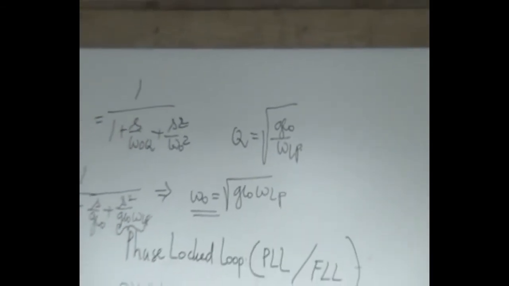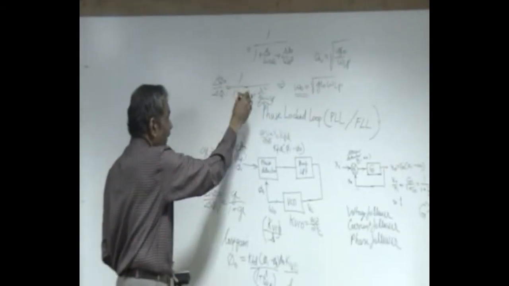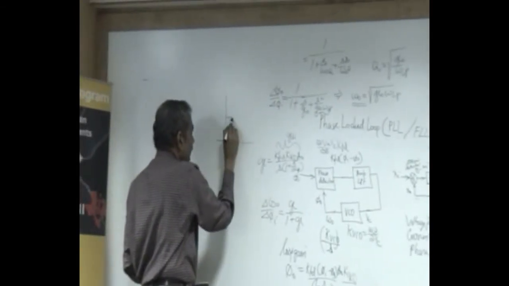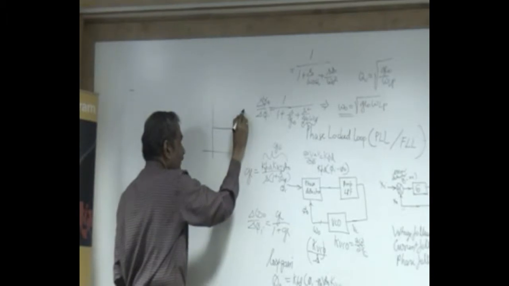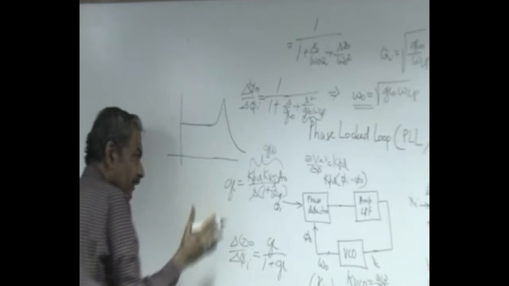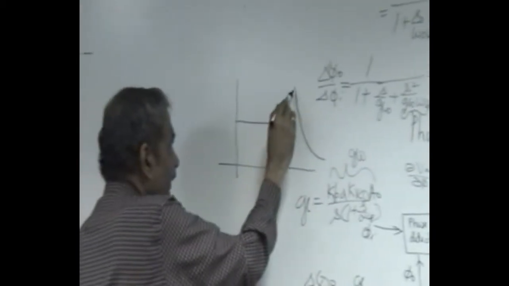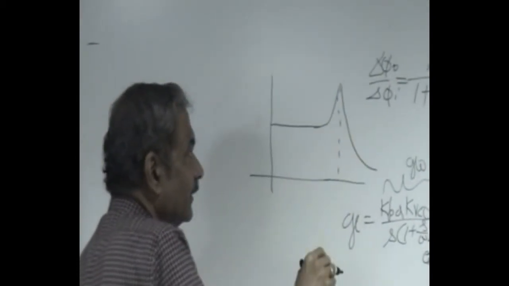That means as a phase follower, delta phi naught by delta phi I is equal to 1 by this, or it is going to be unity only for low frequency ranges, and it will be following the incoming phase only if the rate of change of phase is low. If the rate of change of phase is very high, then it starts falling like this.